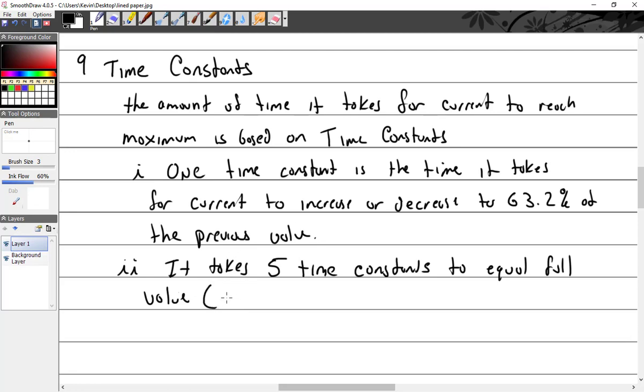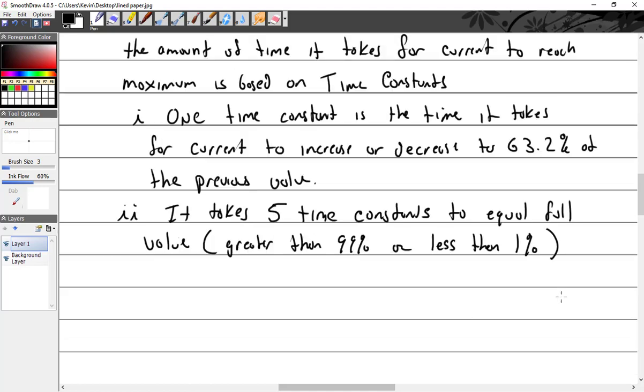And that's defined as greater than 99% or less than 1%. All right, so it's not 100%, it's not 1%, or 0, it's less than 1. So that equals full charge, full discharge.